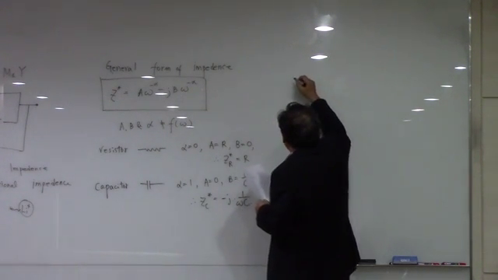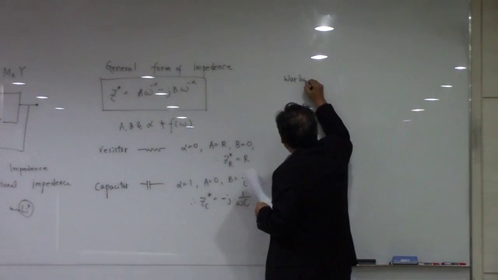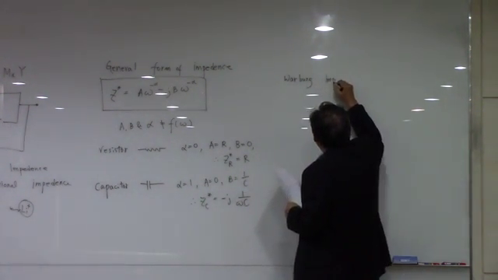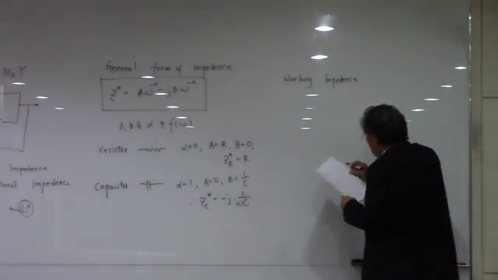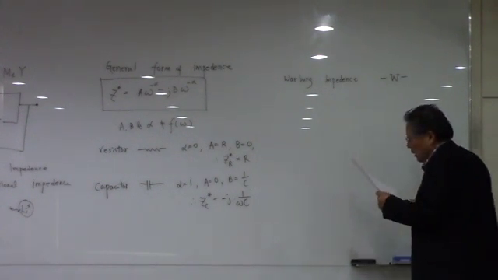Now, for the Warburg impedance, it's symbolized as W, something like this.